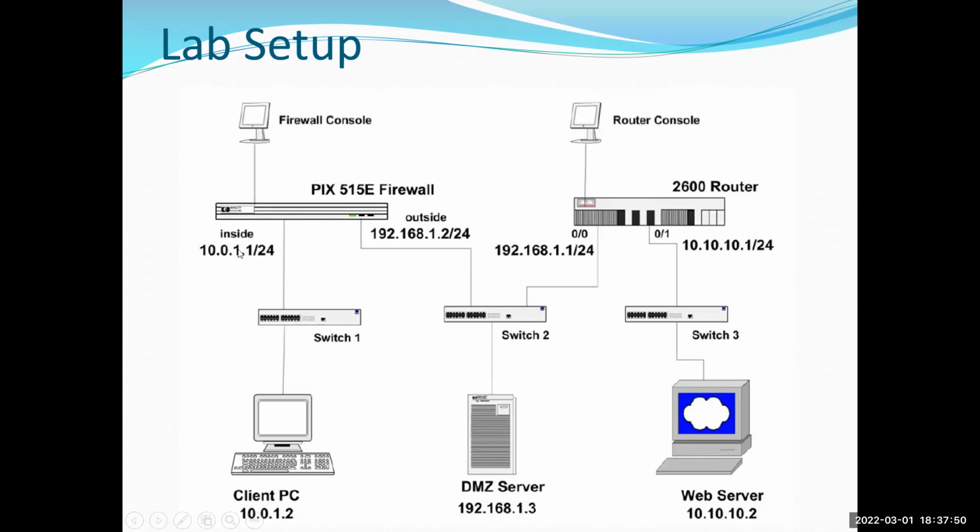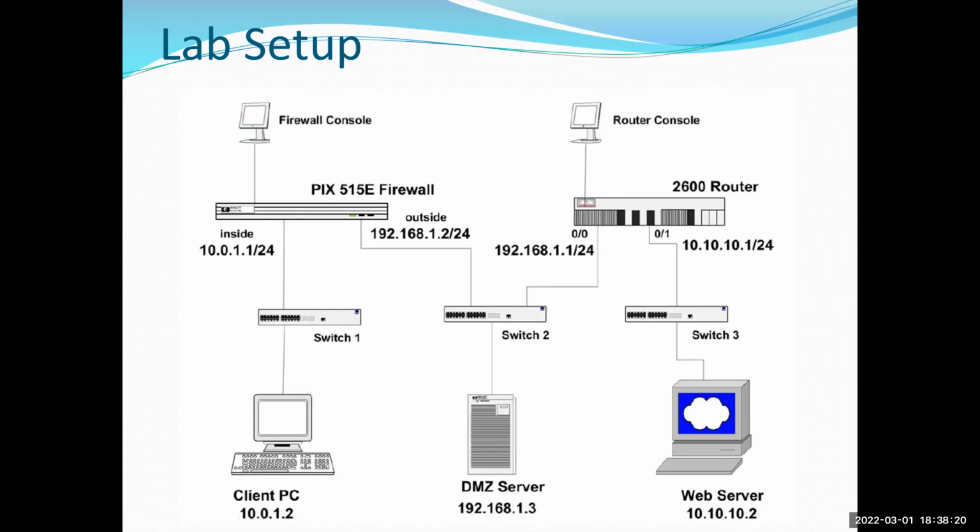Notice that usually the inside is the 1, because of the I, and the outside is the 0, because of the O, right? That has been a convention, so you can check that out. So set up the interfaces. Then once you have the interfaces, the network address translation would be the next step.